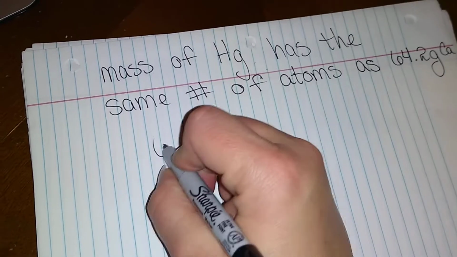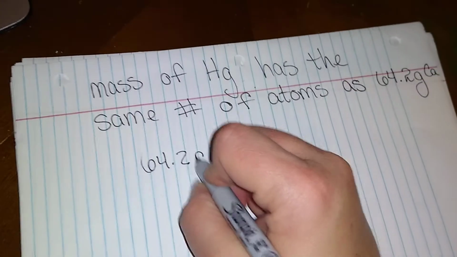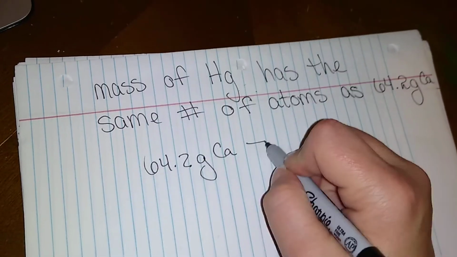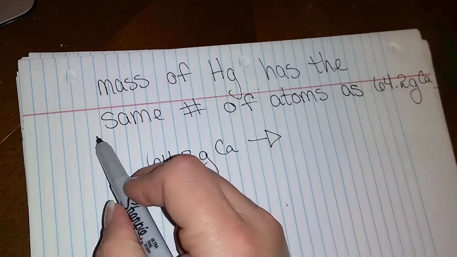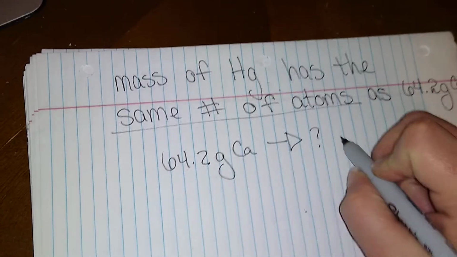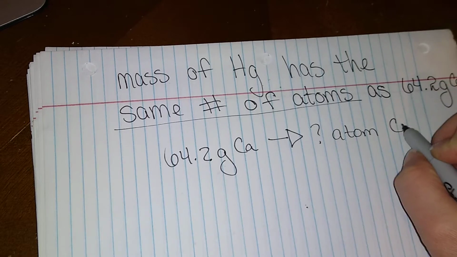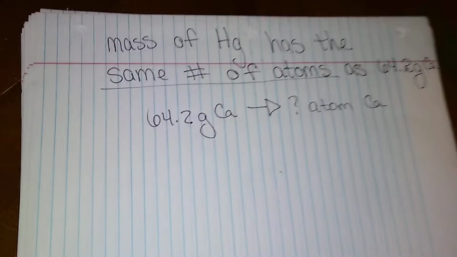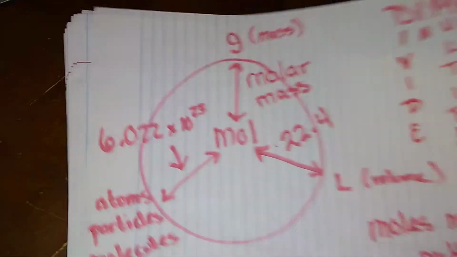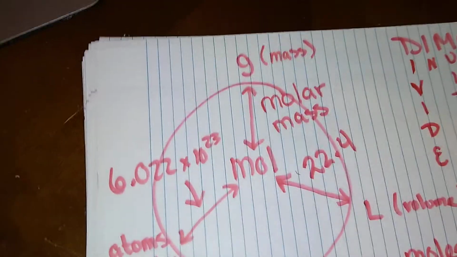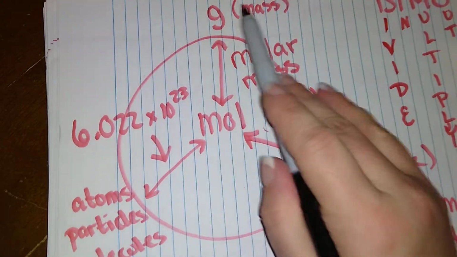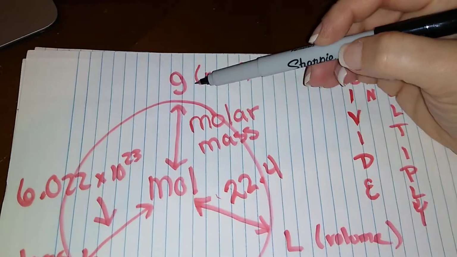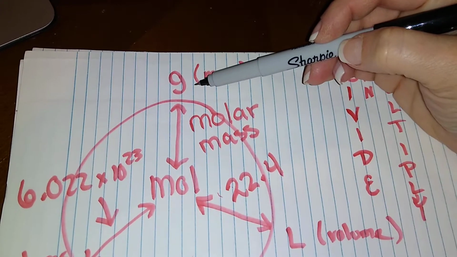What do we want? 64.2 grams of calcium is what we were given, and we need to know the number of atoms. Now, what you do to find that is, again, you look at where you're starting and where you want to be. So you're starting here at grams, and where we want to be is at molecules or atoms.